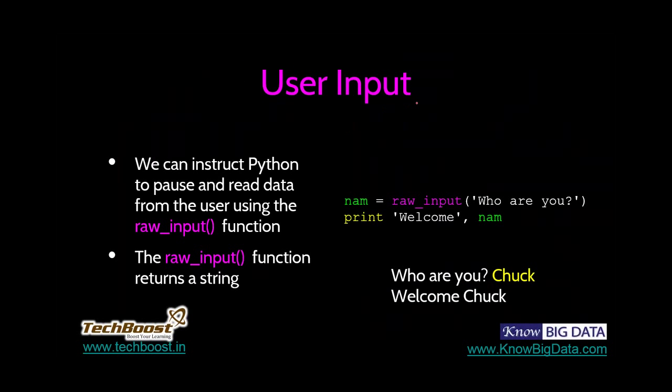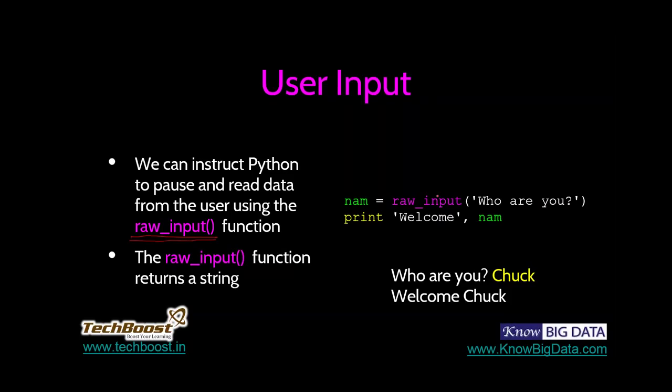Okay. Now let's see how we can take input from the user. What is the way to take input from the user? The user would probably be giving input from the standard input, that is, from the keyboard, and let's see how we can do that. The raw input is the function to do that, right?